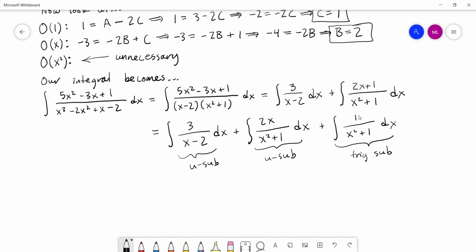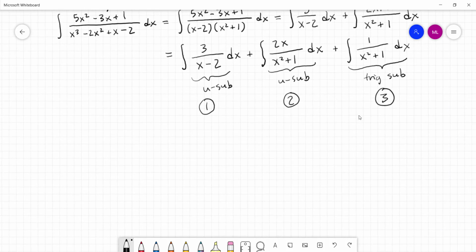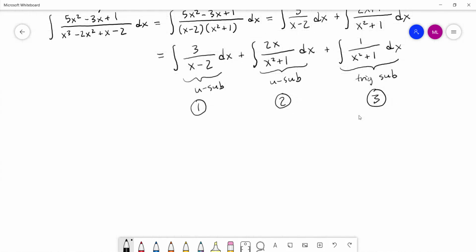Okay, so let me label them all 1, 2, and 3, and let's go ahead and do them all. Maybe I will do that trig sub after all, just to get a little extra practice in here. So for the first integral, I'm going to pull that 3 out and write it as 3 times the integral of 1 over x minus 2 dx.